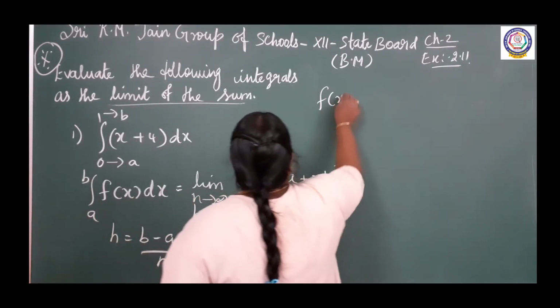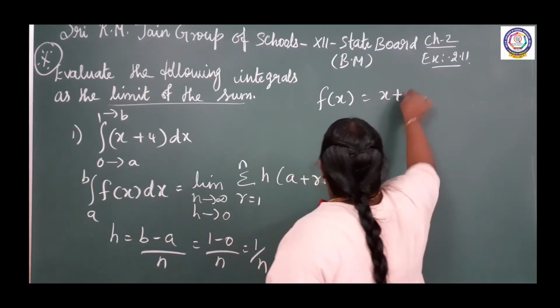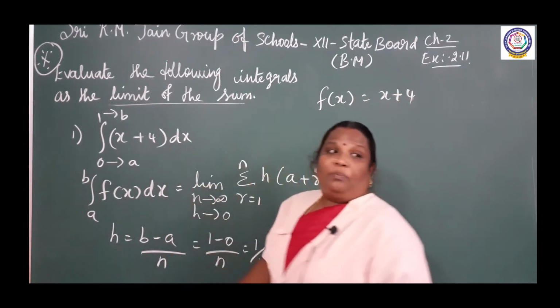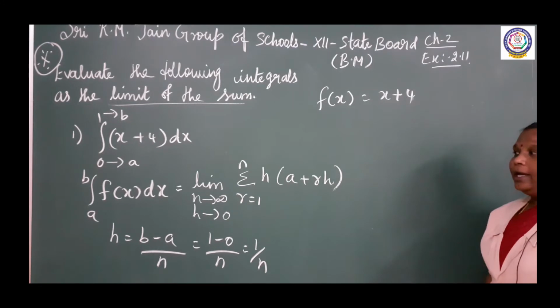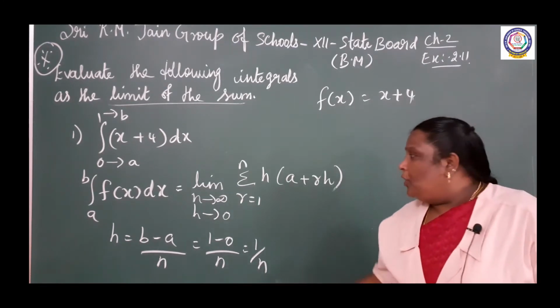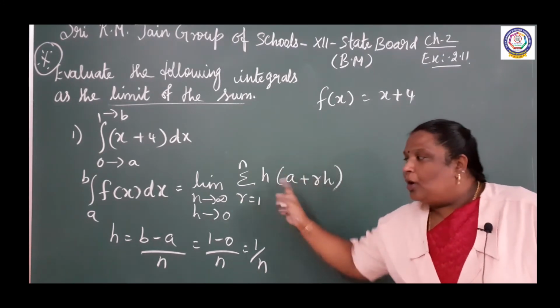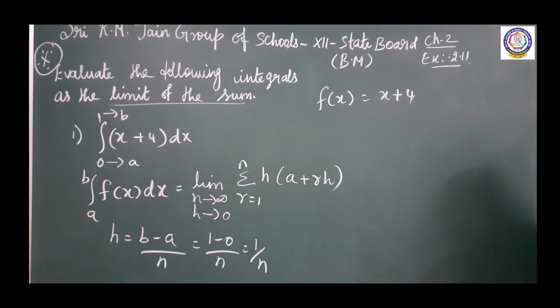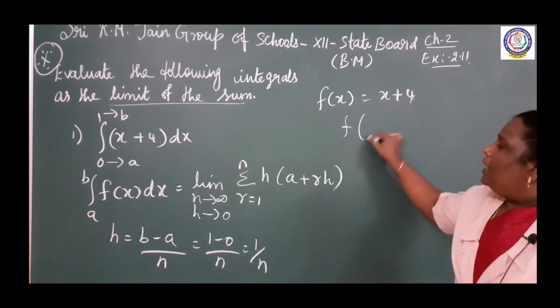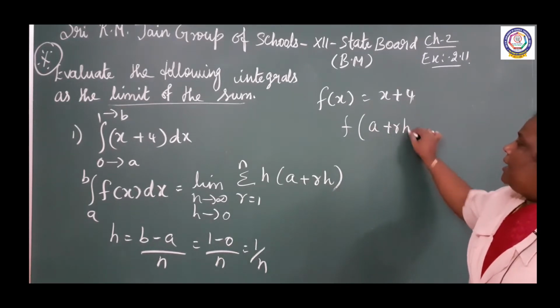What is f of x here? f of x equals x plus 4. But you should find out the value of f of a plus rh.